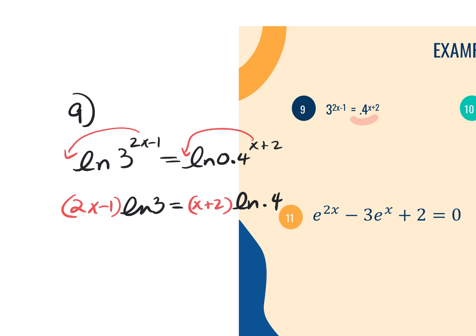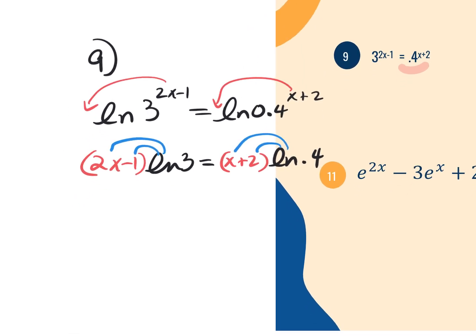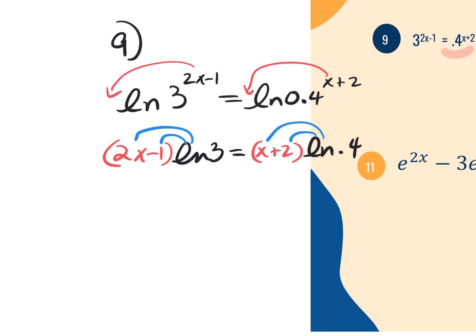Now what I need to do is apply my distributive property. So I need to distribute the ln 3 to the 2x and to the negative 1. Same thing on this side. So I'm going to end up with 2x times ln 3 minus, and then negative 1 times ln 3 is just ln 3.